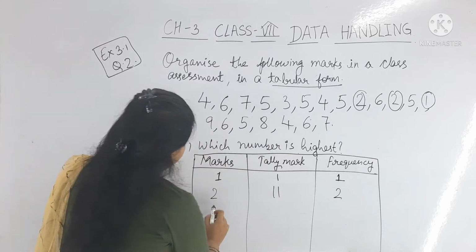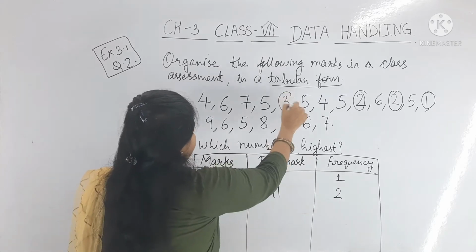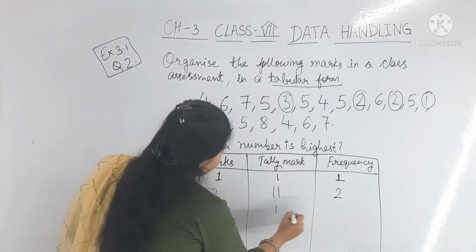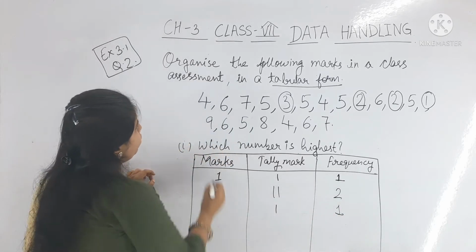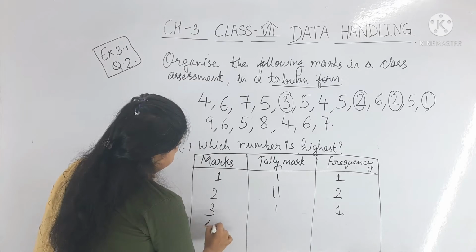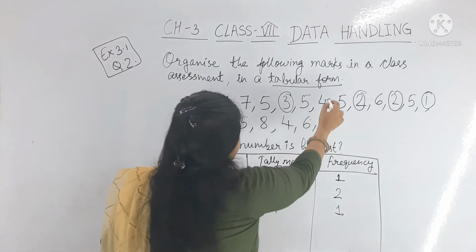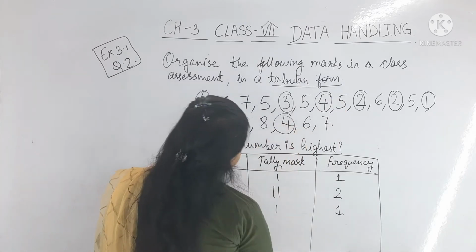Here the number 3. How many 3s are there? Only one 3 is there. Okay, so here 3, 1, 1. Then 4. How many 4s? 1, 2 and here 3.